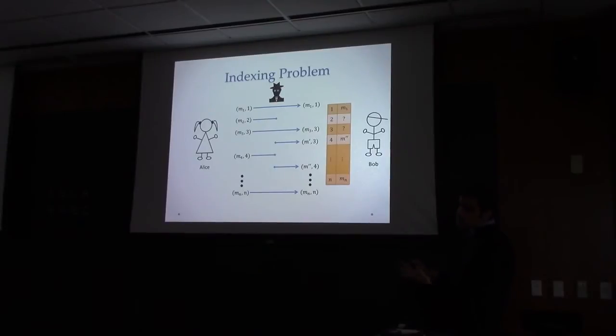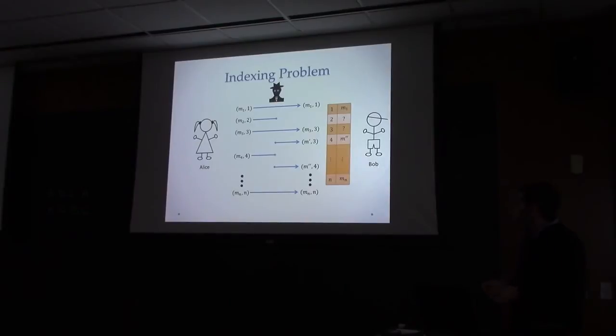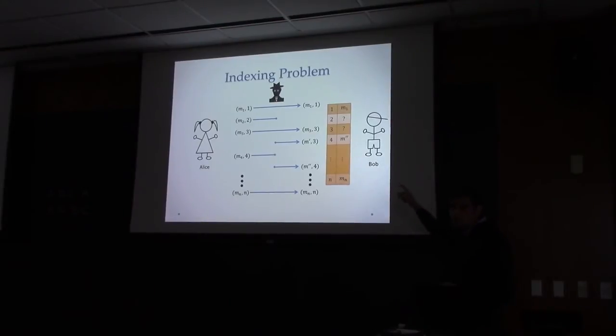That number is the number of half errors. You can think of it as some sort of budget. Let's say the adversary has a budget of k half errors. You can spend any of those half errors changing one symbol into a question mark or one question mark into a different symbol.